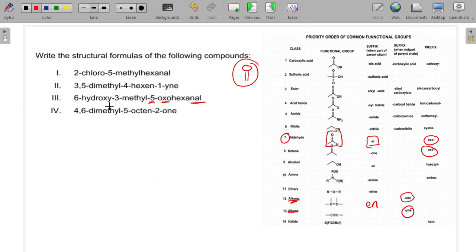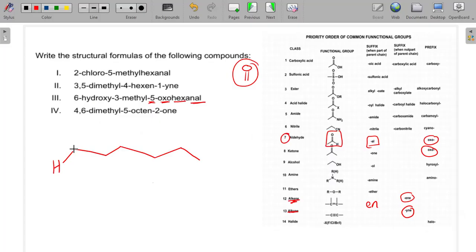Okay, so we are on the third one there. We have a 6-hydroxy and a 3-methyl there. So it's hex, which means that we're having a 6-carbon chain. Let's start with hydrogen there since it's an aldehyde. So this is carbon number 1, this is carbon number 2, number 3, number 4, number 5, number 6 there.